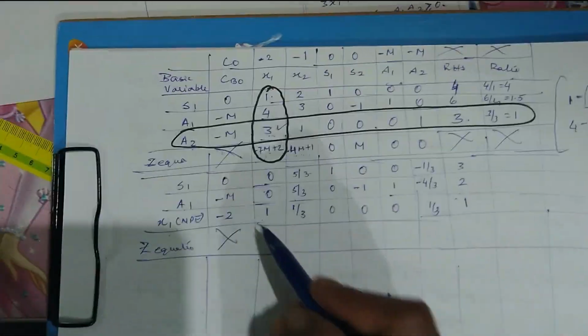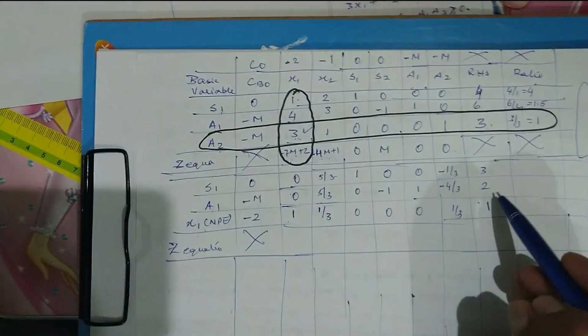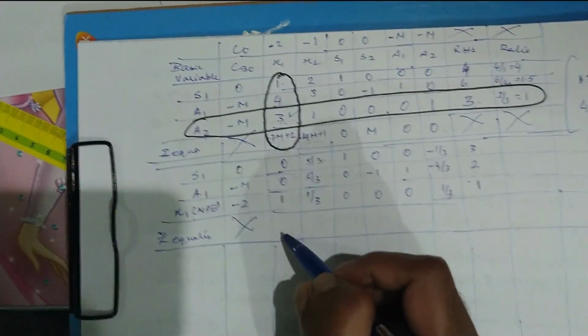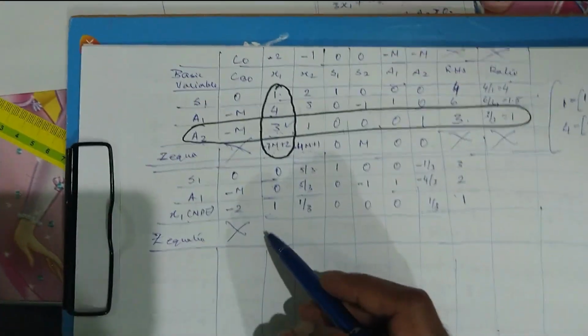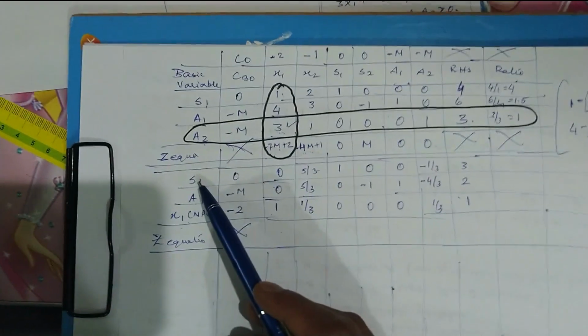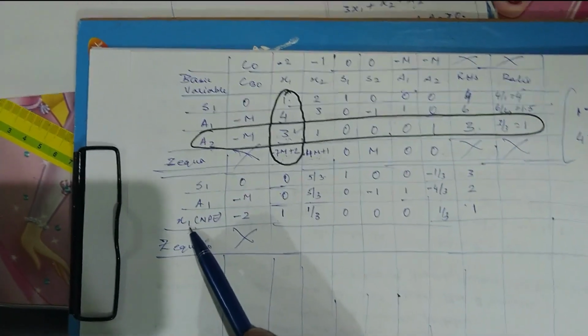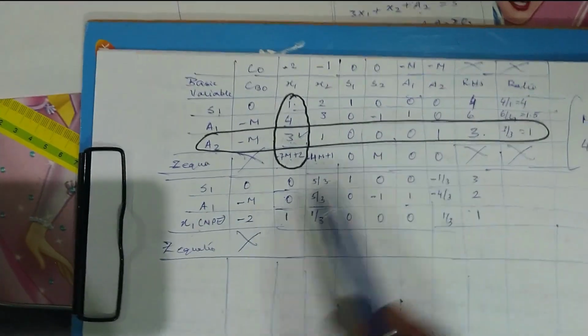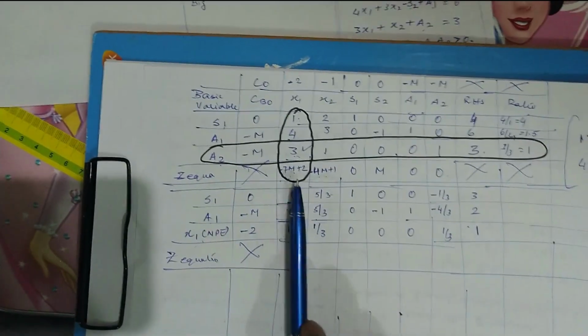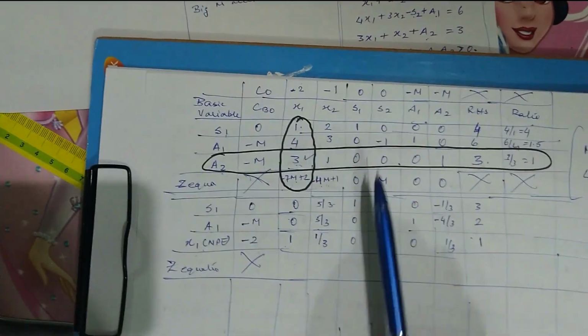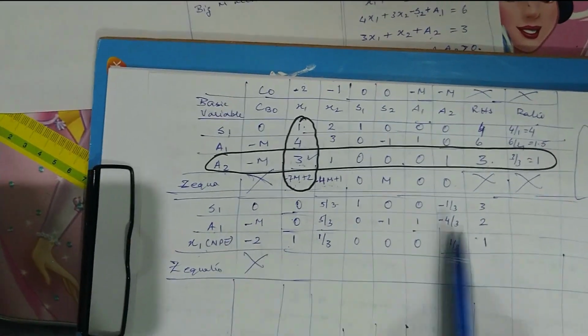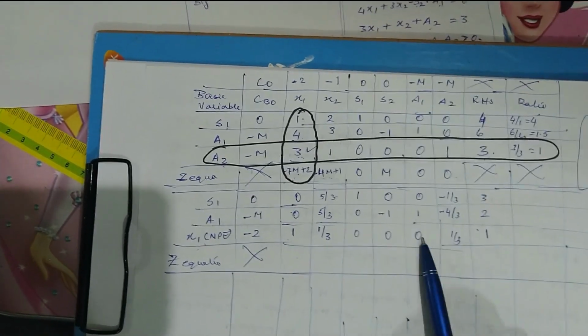Okay, after filling up all the values of this cell, again we are supposed to calculate the z equation values. Before we calculate the z equation values, observe once again that s1, a1, x1 and the corresponding values here with respect to x1 is 0, 0, 1, a1, s1 it is 1, 0, 0, a1 it is 0, 1, 0.